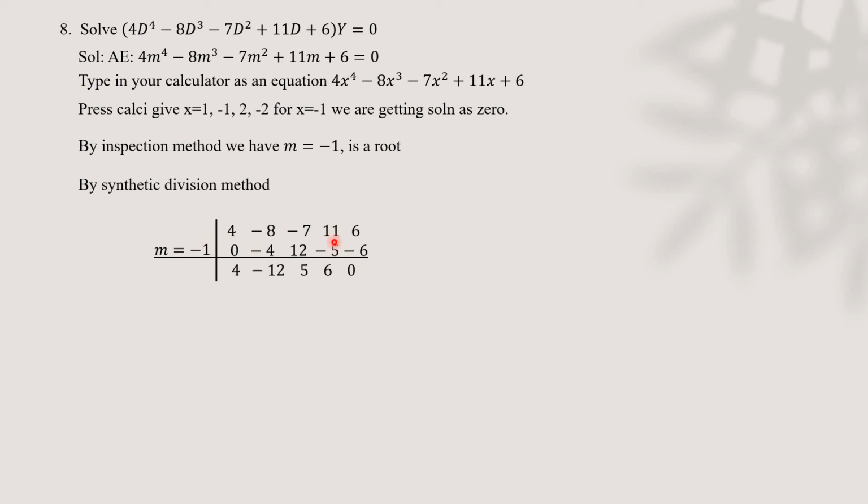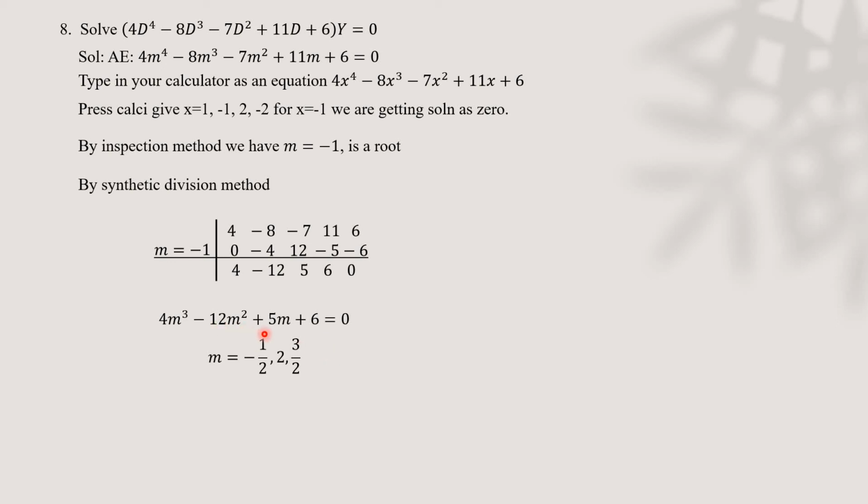Write down that, and add these two values. We are going to get 6. 6 into -1 is -6. Add these two values. We are going to get 0. So now starting with the degree 3 term, m cube, we can rewrite this expression as 4m cube minus 12m square plus 5m plus 6 equal to 0.